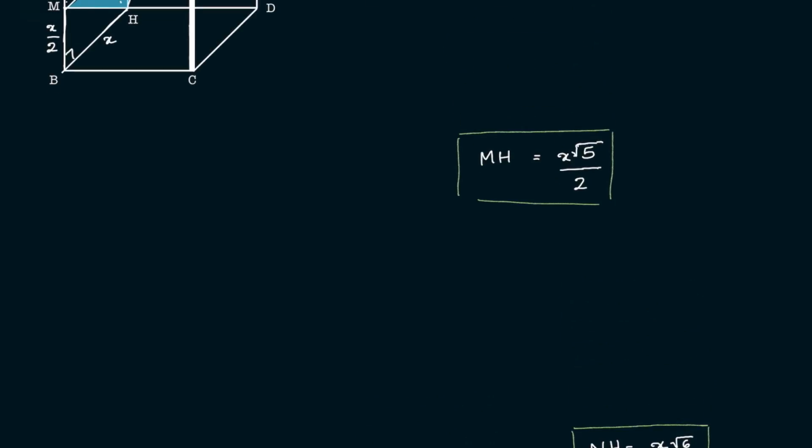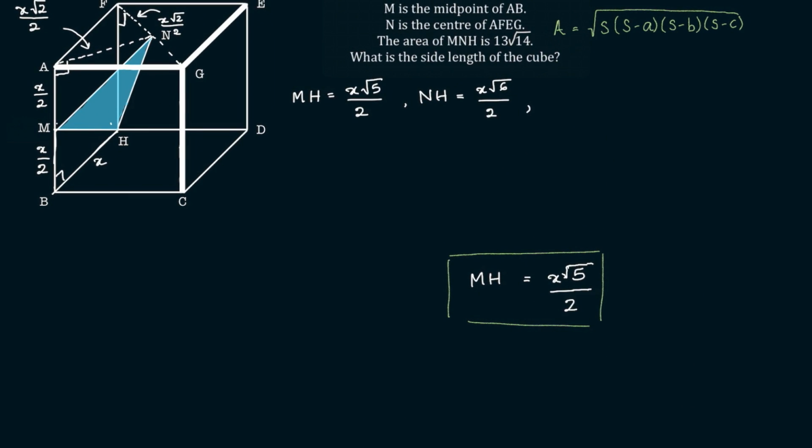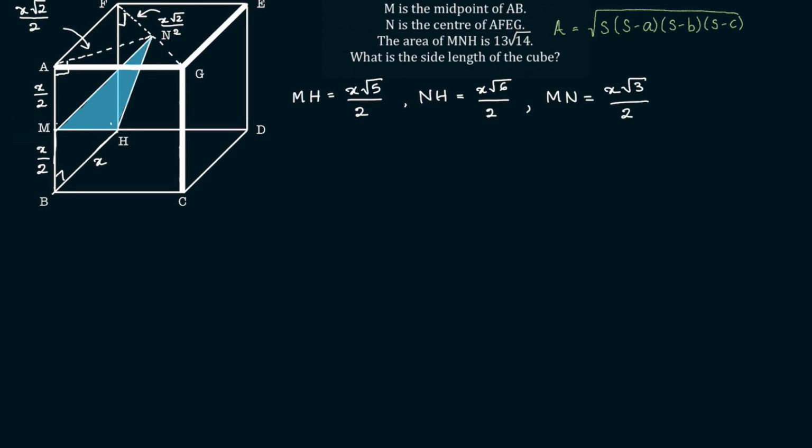And finally, we have that MN is equal to x root 3 over 2. Alright. Now we can erase these.